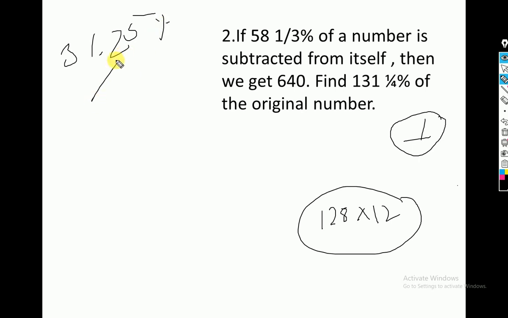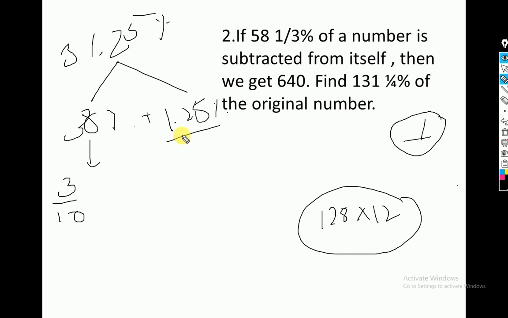Now let's break it. How can we break it? Can you guess which percentage is nearer to this? It could be 30%, it could be 25%, it could be 20%, but let's solve by 30%. 30% plus 1.25. Now this is 3 by 10 and 1.25 percentage.